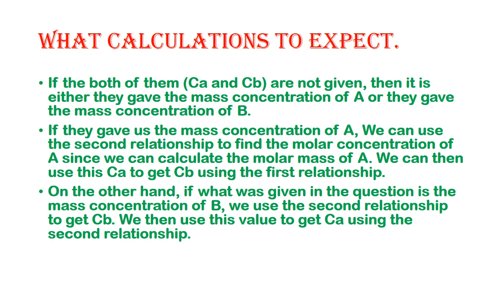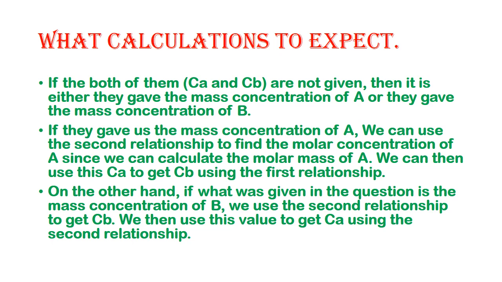We know that the concentration of A in mole per dm³ equals the concentration of A in gram per dm³ over the molar mass of A. So all you have to do is find the molar mass of A, then divide the concentration of A in gram per dm³ by the molar mass of A. That gives you the concentration of A in mole per dm³.